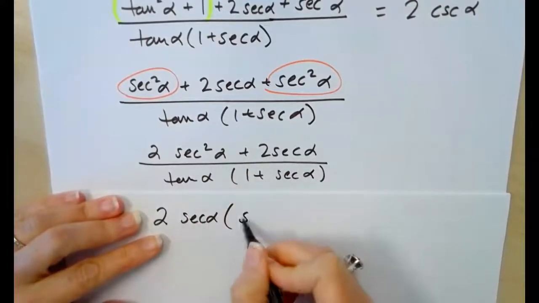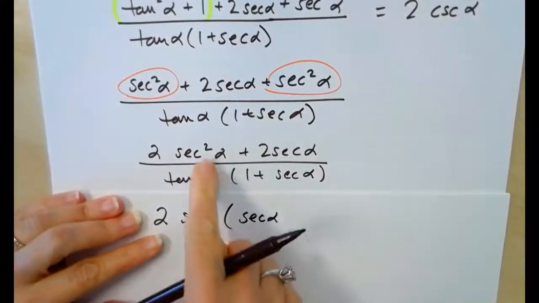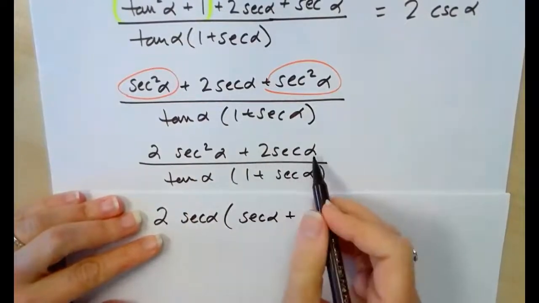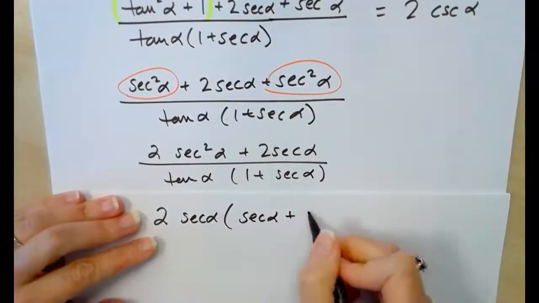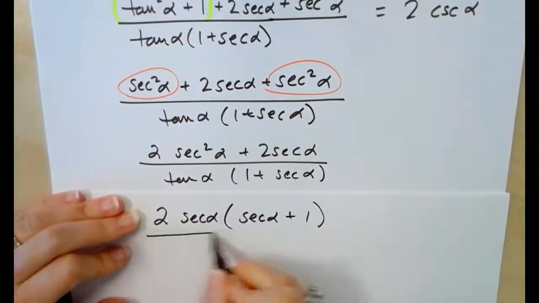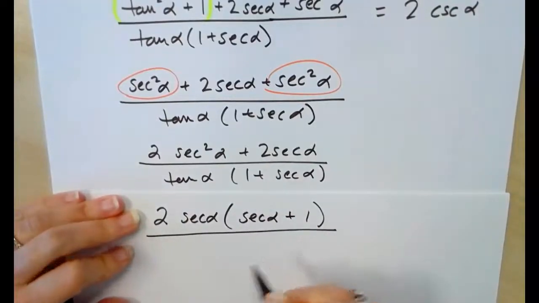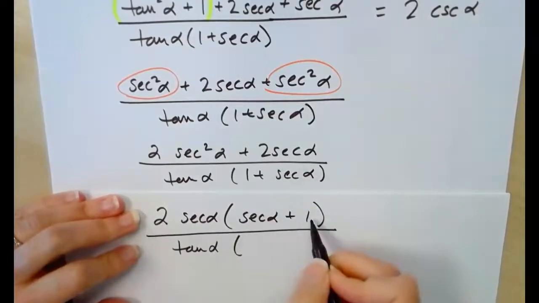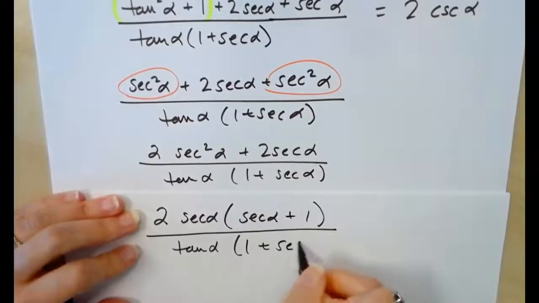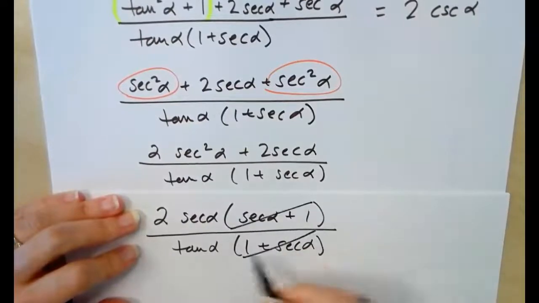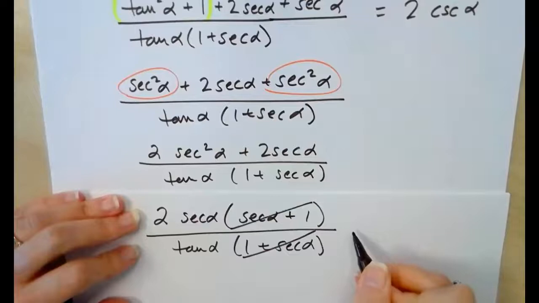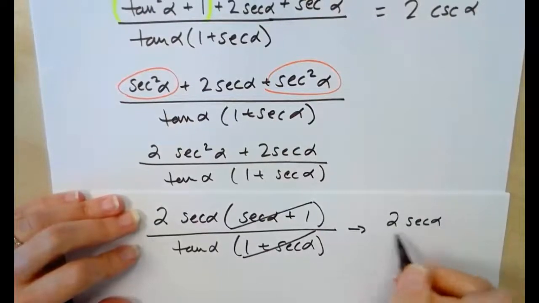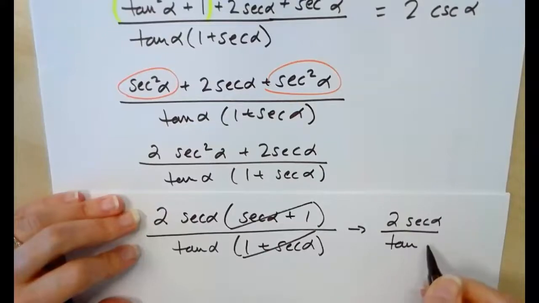We're going to have secant alpha remaining because secant squared divided by secant leaves secant, plus 2 secant alpha divided by 2 secant alpha is 1. And check it out, boys and girls, something is about to cancel. So secant alpha plus 1 on the top, 1 plus secant alpha on the bottom, cancel. And I'll move to the right here. We are left with 2 secant over tangent.